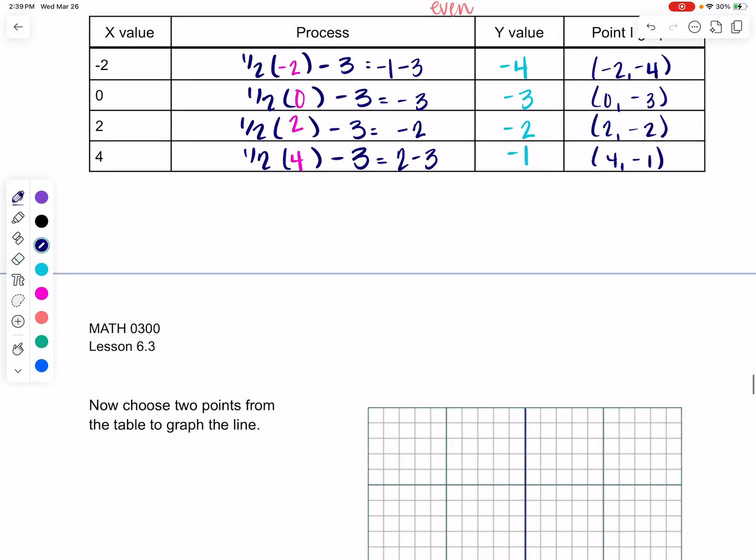So we pick 2 points from the table. Make your life easy. Pick some that are easy to graph. I'm going to go with 0, -3, and 4, -1. If you don't like those points, if for some reason you have something against 0, -3, and 4, -1, you can pick the other 2 points.